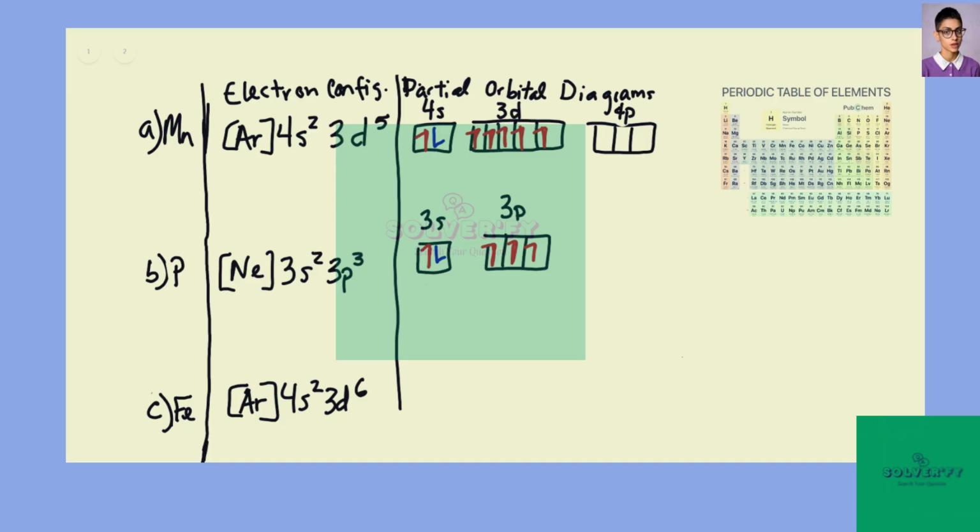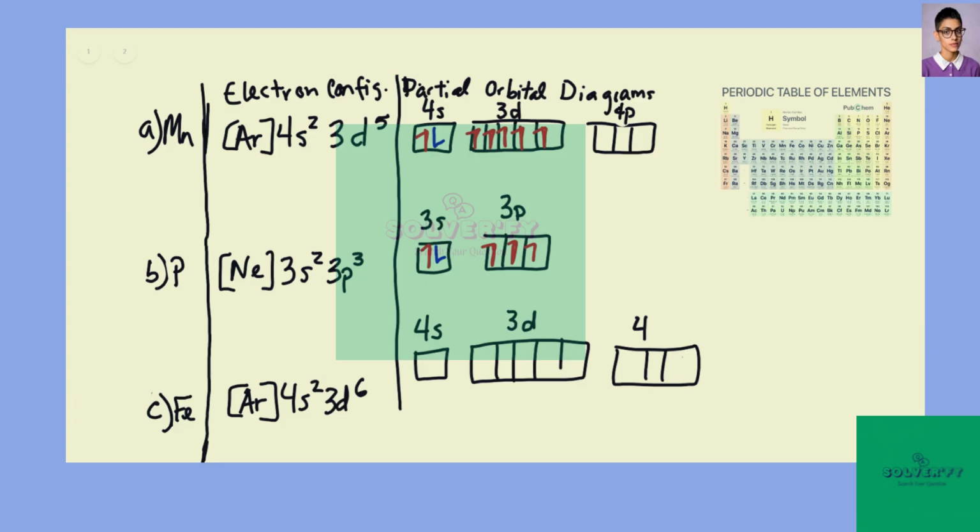Then our last one, iron. We have 4s, 3d, and then 4p.